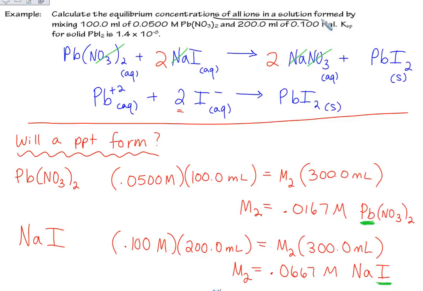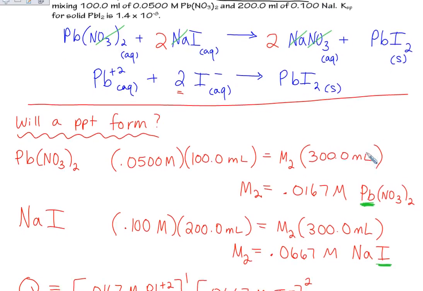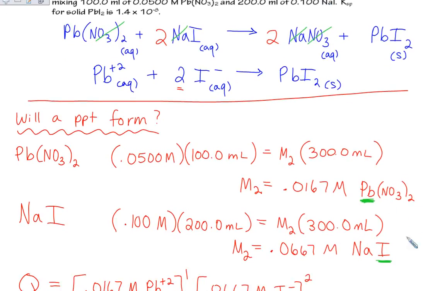We joined the volumes and recalculated the molarity of the lead nitrate and the sodium iodide. Well, here's the nitrate concentration. Now, this was lead nitrate, moles of lead nitrate per liter of solution. Well, for each mole of lead nitrate, I'm going to get 2 nitrate ions.